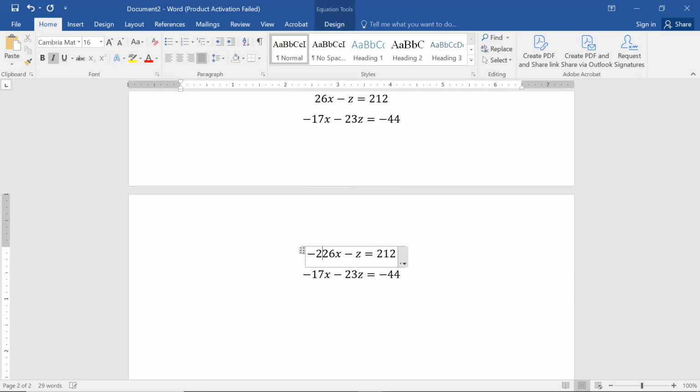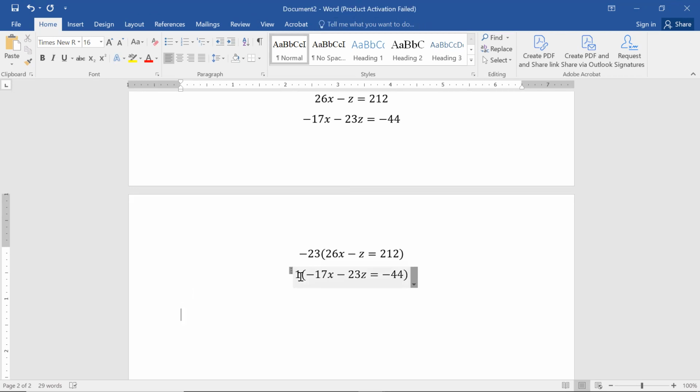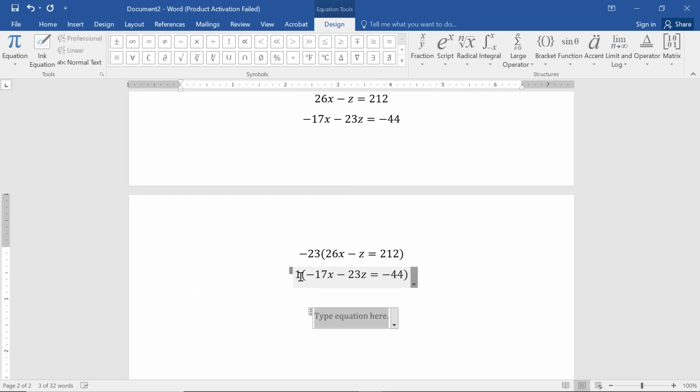So put -23 in front of my first xz equation. Put -1 in front of my second xz equation. And then change the sign on one of them. I will change the -1 to a +1. Multiply through. -23 times 26 is -598.